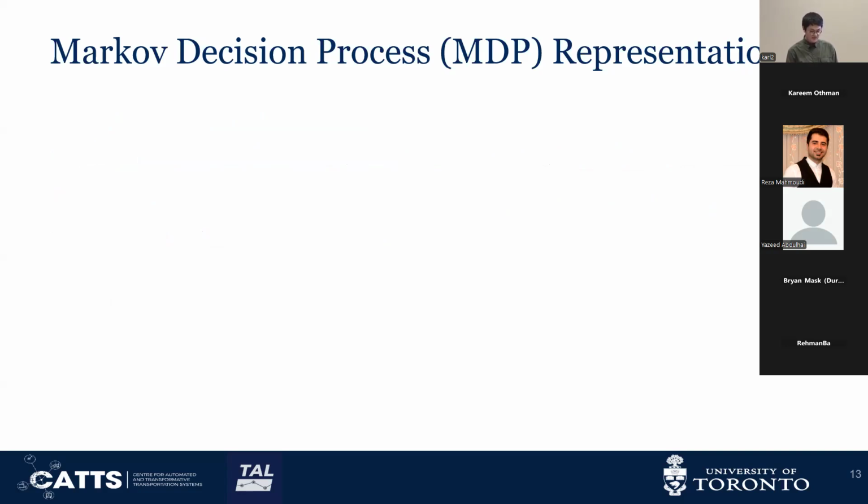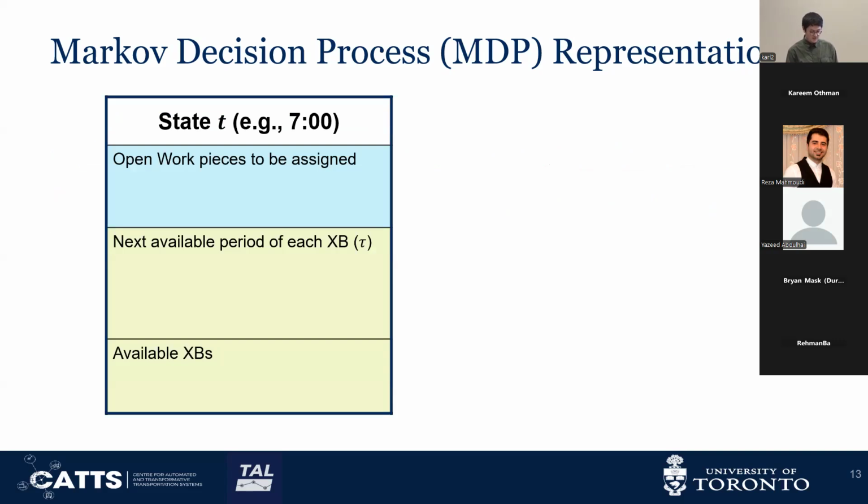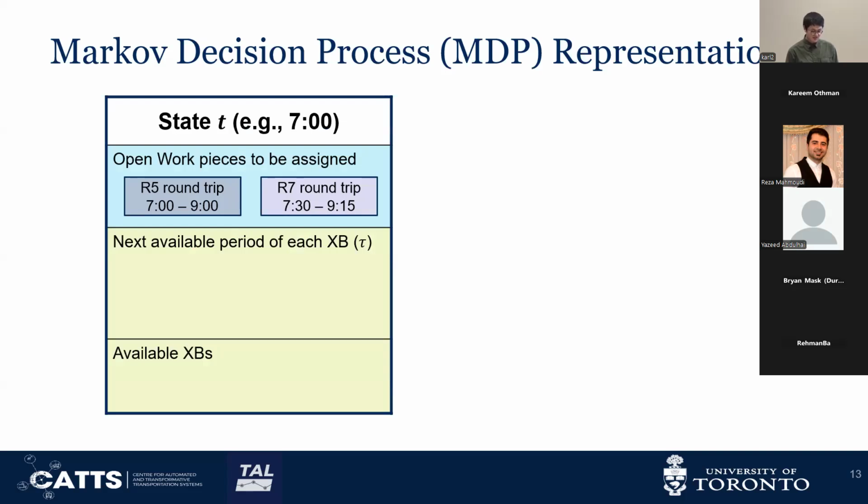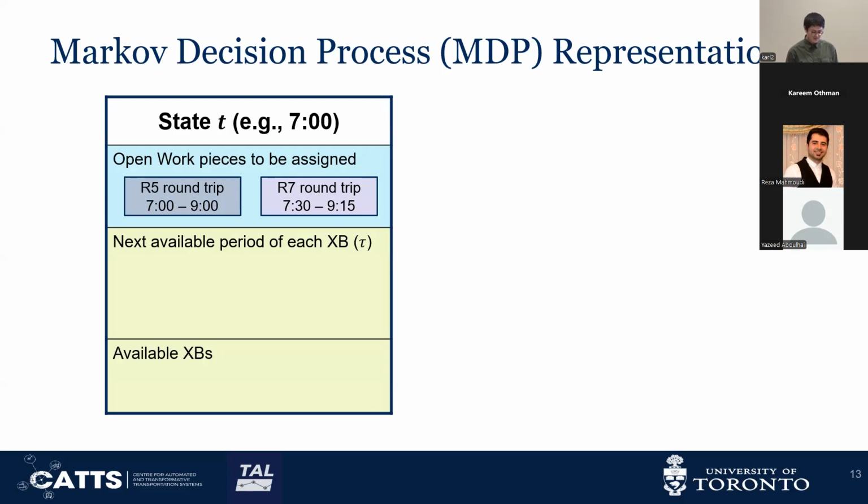So how do we encode all of this into the MDP representation? So suppose that we have a state at a decision epoch T, let's say that's 7 a.m. So in the state, we want to capture the states of both the demand side and the supply side. So the demand side is the current open work pieces that needs attention. So for example, we have these 2 work pieces.